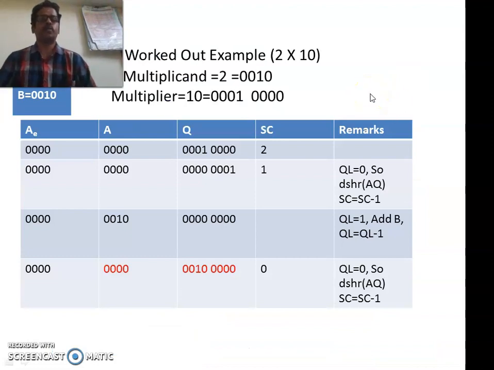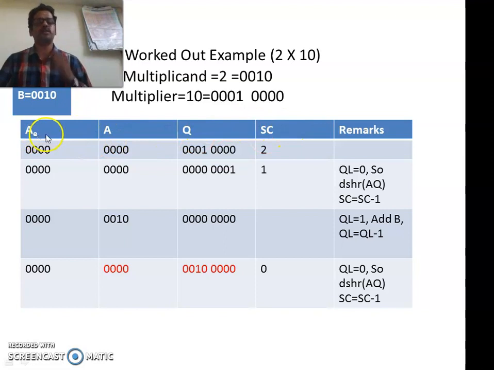Now we'll come to a worked out example. We are going to perform a multiplication operation as 2 into 10. Here the multiplicand is 2, which is represented in BCD as 0010, and the multiplier 10 is represented as 0001 0000 in BCD. Here B is holding the multiplicand value, and this is the initial arrangement.